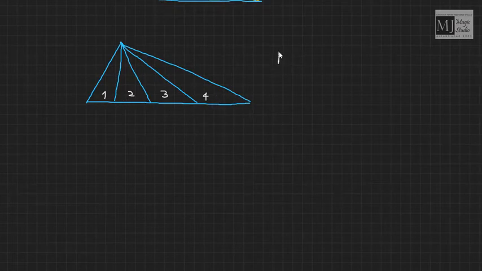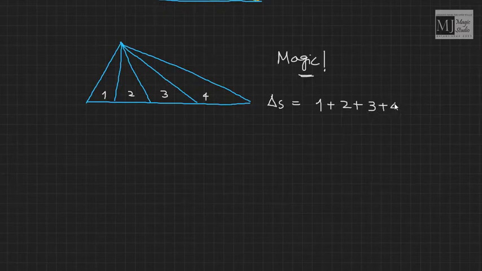And now the magic. The total number of triangles is just 1 plus 2 plus 3 plus 4, and yes, we are done. There are 10 triangles.